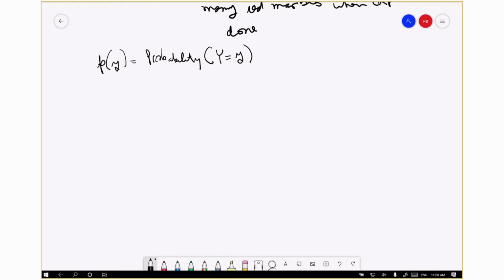And the way we're going to calculate that is with a formula, and the formula is going to be n factorial over y factorial times n minus y factorial, times pi to the y, times 1 minus pi to the n minus y.